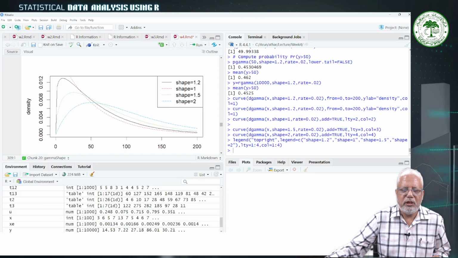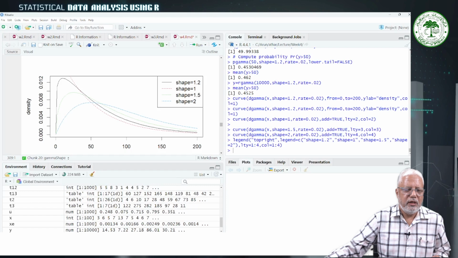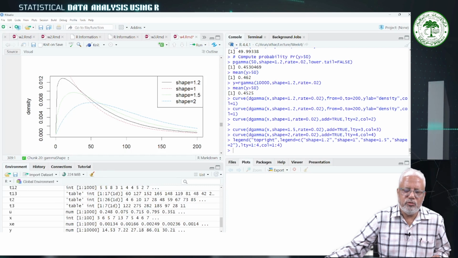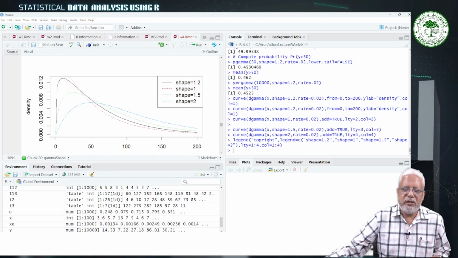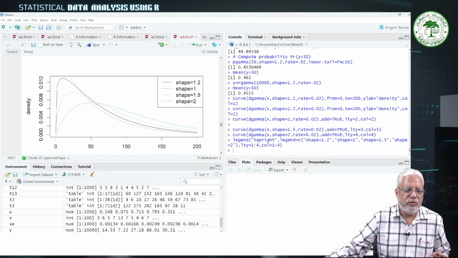So this line is shape is equal to 2. So as we are increasing the shape parameter, it is approaching towards symmetry, although still it is skewed, but when we increase this further, it may go to symmetry.